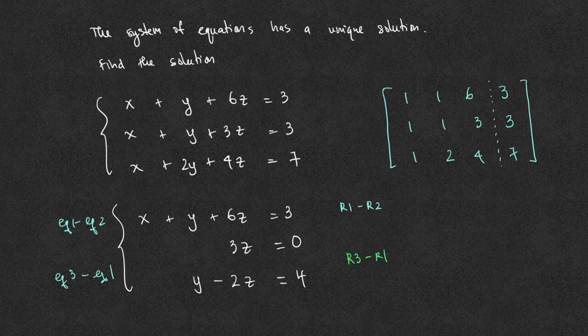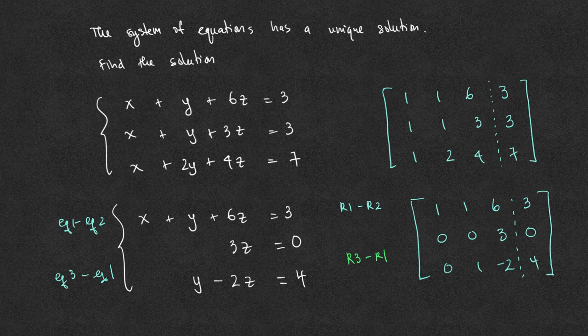The equivalent augmented matrix is therefore 1, 1, 6, 3 in the first row, 0, 0, 3, 0 in the second row, 0, 1, -2, 4 in the third row.